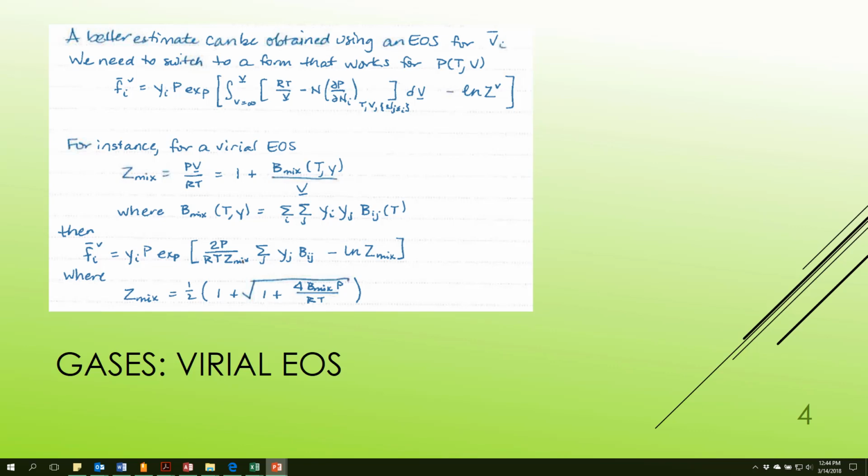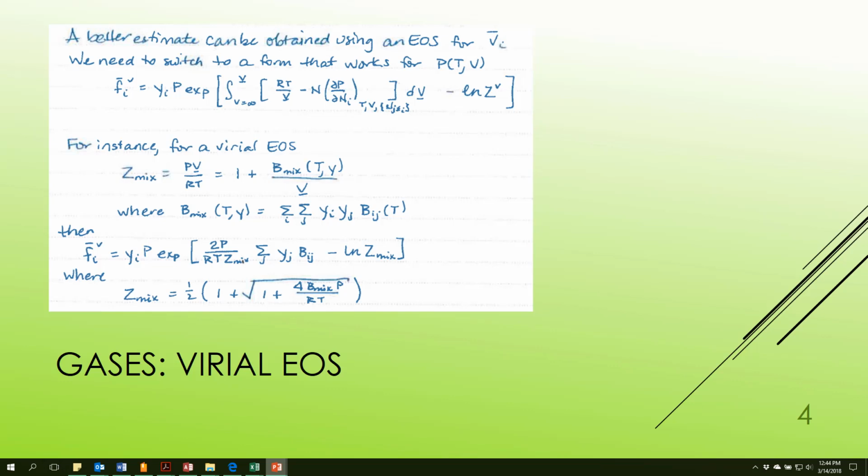And going through Jacobians, you can get to this expression here. This says that I can estimate this for a function of P of T and V using the exponential, and I'm going to go from, instead of P equal to 0, I'm going to go from V equal to infinity.